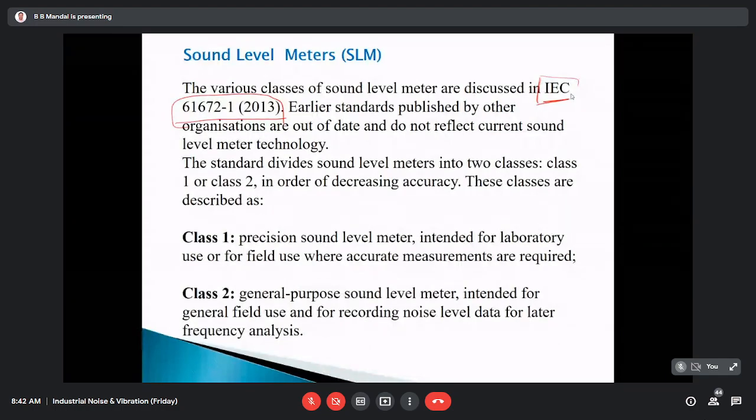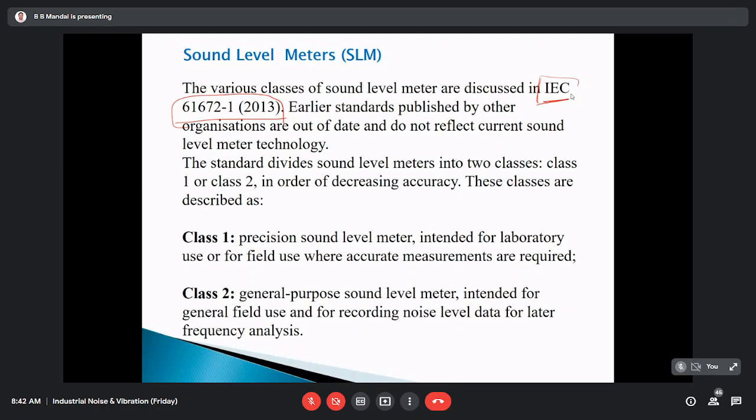If you know, you can tell me. IEC 61672 Part 1 2013. Just type it in Google and tell me the entire title of the standard. This is an international standard, so try to find out the entire title.